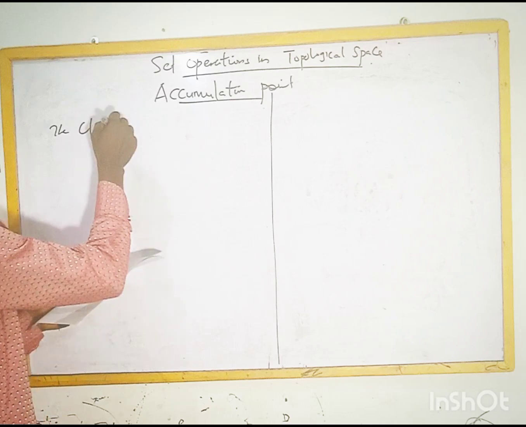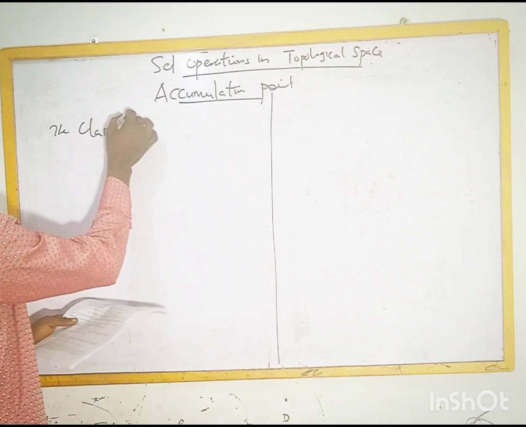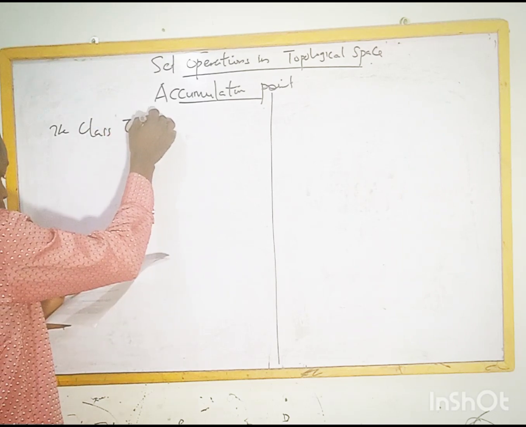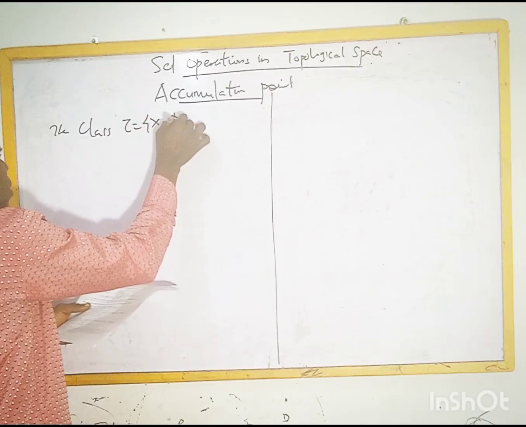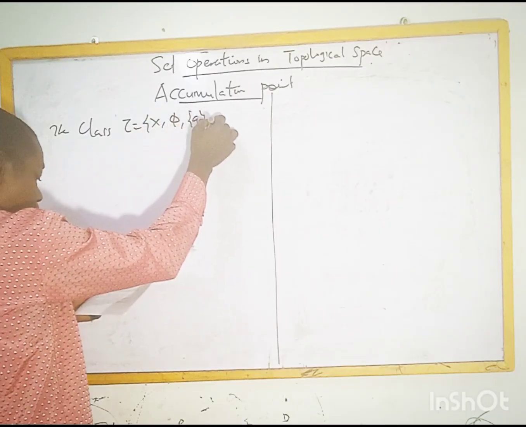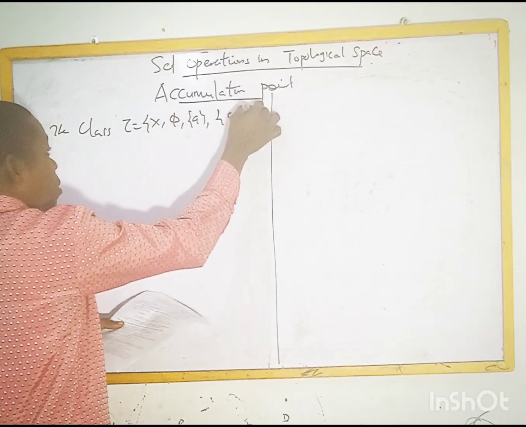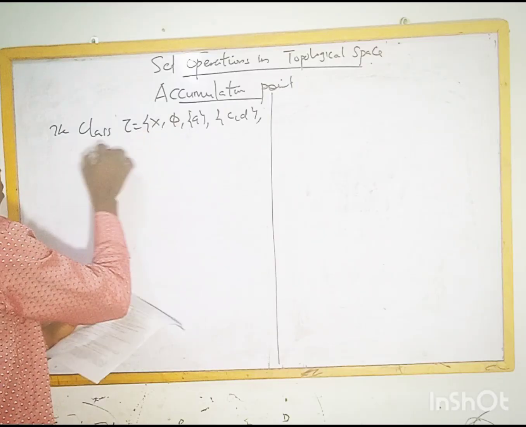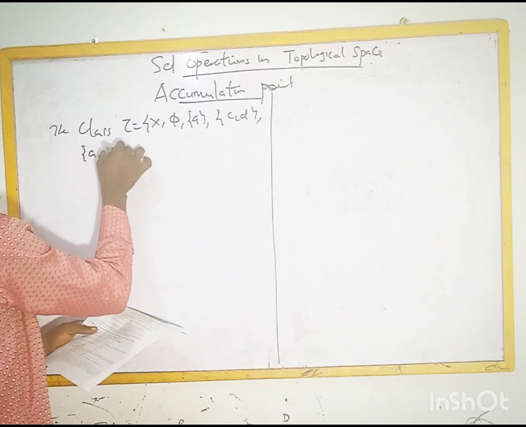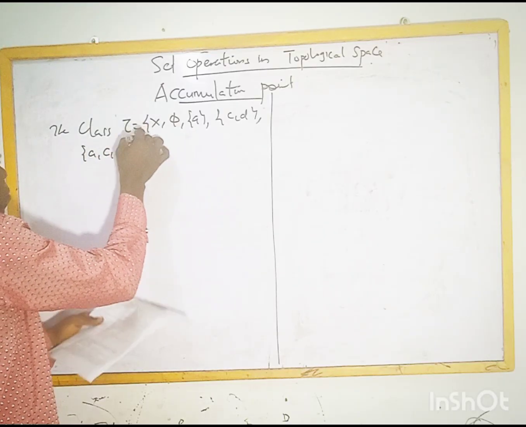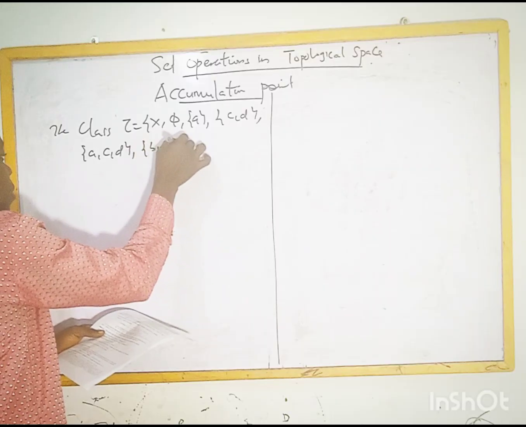Let's say you have tau given as X, the empty set, {A}, {C, D}, {A, C, D}, {B, C, D, E}.